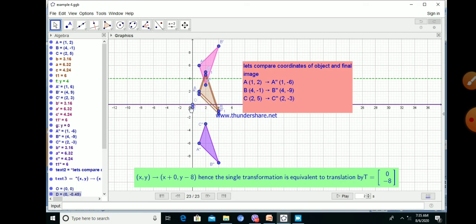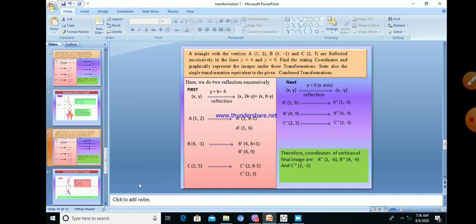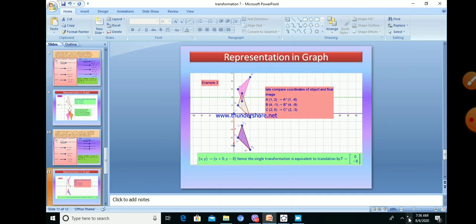Initially this is the object, but if you want to do the single transformation, then in this way we can reach the final images A double dash, B double dash, C double dash. That's why it is a translation by the vector (0, minus 8). If you use that formula, (x, y) changes into (x plus 0, y minus 8), and it is true. So in this way this is also discussed.